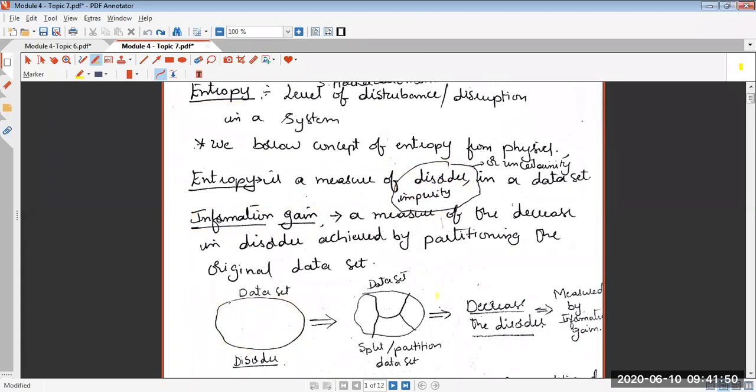And you know what is the use of a decision tree? A decision tree is a model which will help decide on a class: whether the input belongs to class A, B, C, D, X, Y, Z. This will be decided by the decision tree. But we cannot directly take the data and start building the decision tree. The reason is that data usually will have very high entropy, meaning it will be in a very chaotic fashion.